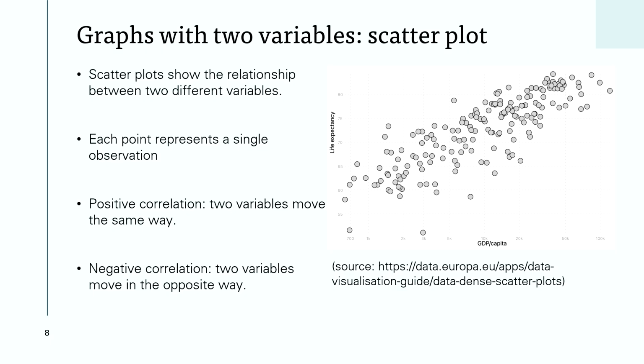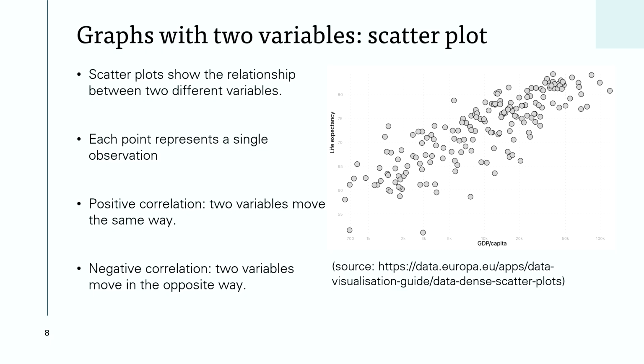A positive correlation occurs when two variables move in the same direction. As one variable increases, the other tends to increase as well. For example, income and consumption often exhibit a positive correlation because people tend to spend more as their income rises. A negative correlation occurs when two variables move in opposite directions.